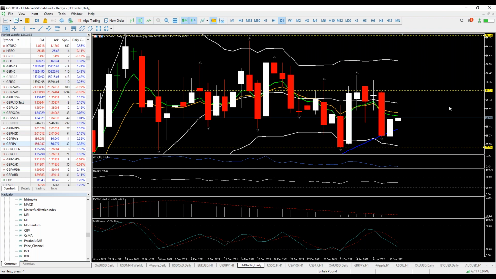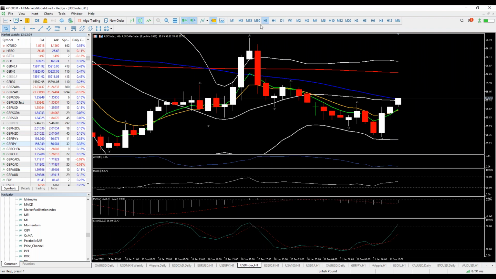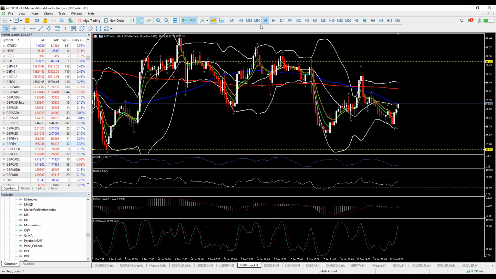So if this is a daily chart, I will zoom in to the 1-hour chart, and we can see that even though we had a sharp sell-off yesterday, with the asset bottoming at 95.70, after the sharp extreme decline we have seen it rebounding and retesting the midpoint.